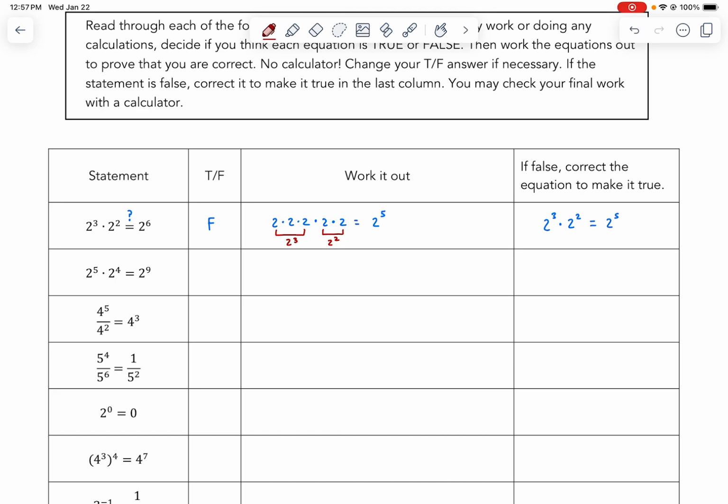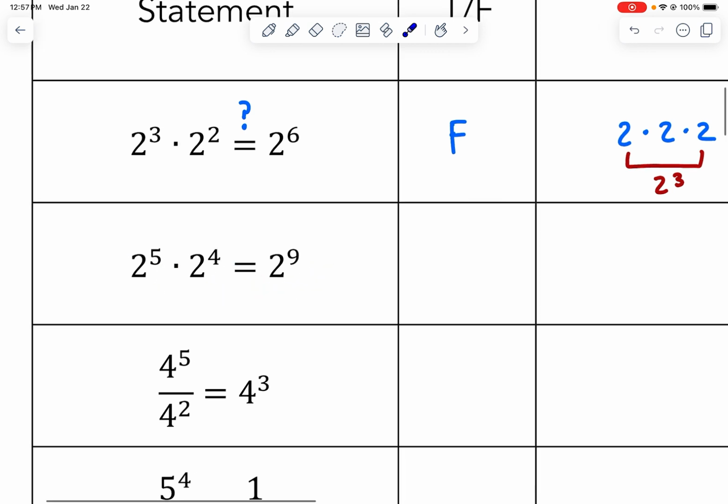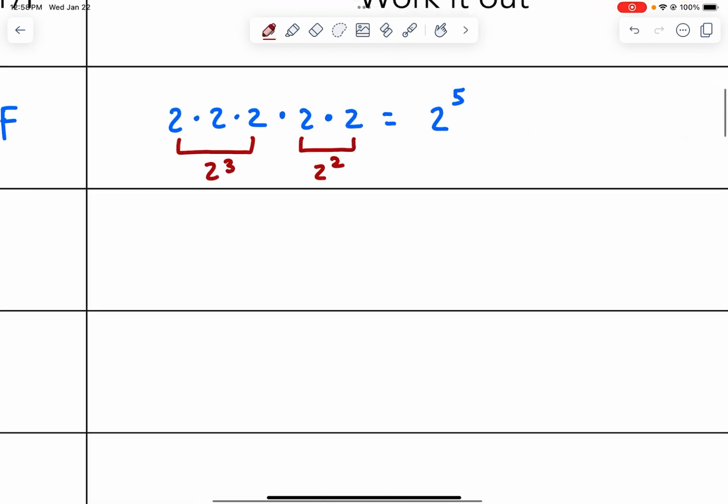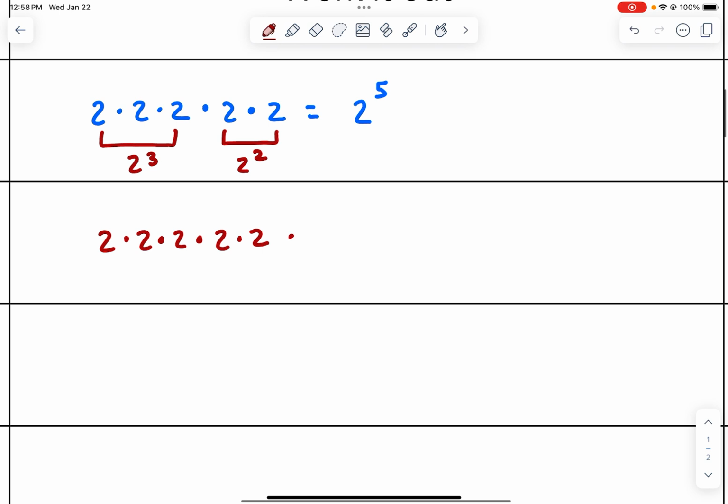Let's go ahead and look at the second one right here. This is saying 2 to the 5th multiplied by 2 to the 4th is equal to 2 to the 9th. So here, let's go ahead and expand these together. So here we'll have 5 2's being multiplied by each other. And then we'll have 4 2's being multiplied by each other.